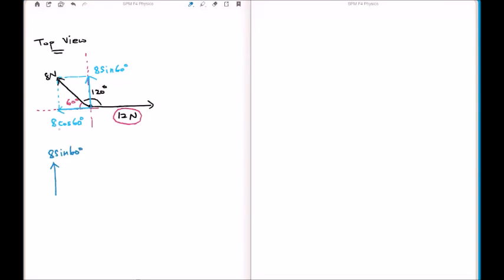Now, 8 cos 60, if you have a calculator, that would be half, so it's 4 Newton. How am I so fast to find 4 Newton? Because I know this is actually 8 times half. So 4 Newton to the left, 12 Newton to the right, therefore the net would be to the right, 8 Newton.